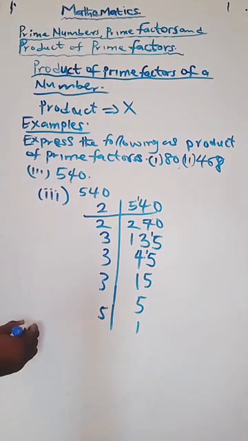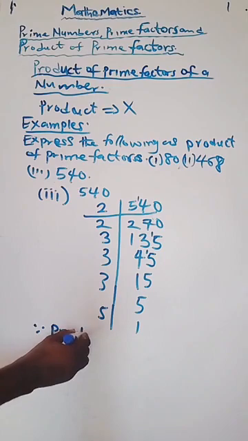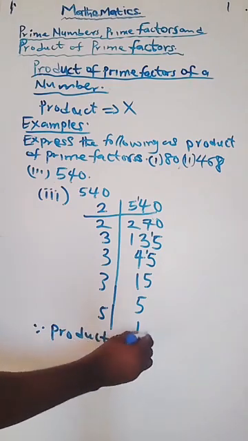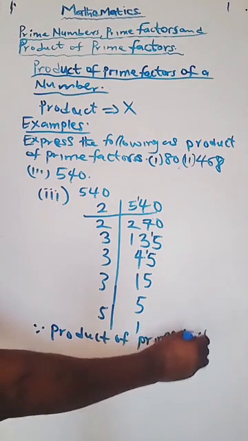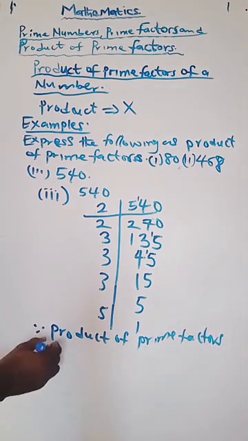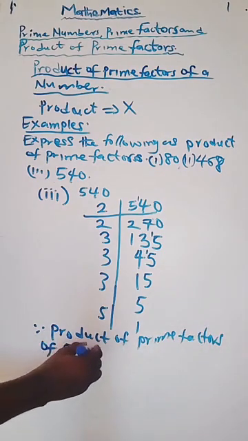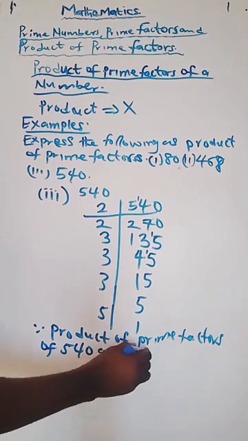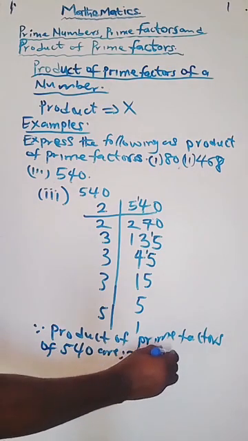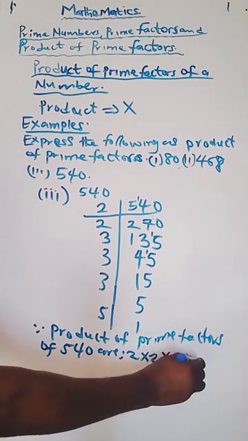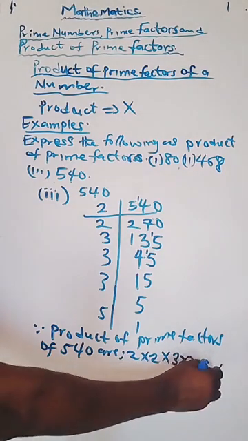So, therefore, product of prime factors of 540 are 2 times 2 times 3 times 3 times 3 times 5.